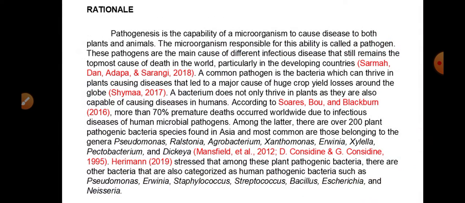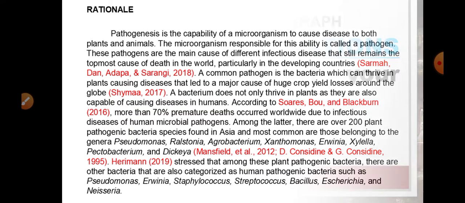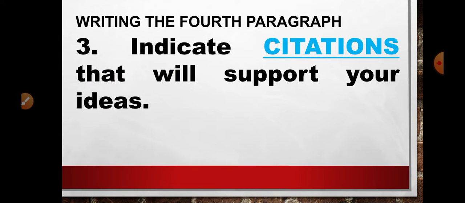And lastly, class, let's take a look again at the following highlighted phrases. What can you say about them? Class, you are already familiar with this one, and it is very obvious. Our last guideline in writing our rationale is to indicate citations that will support your ideas.